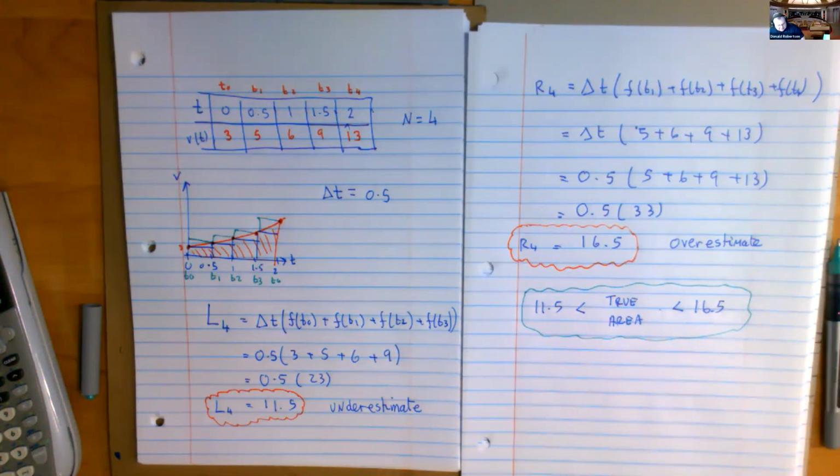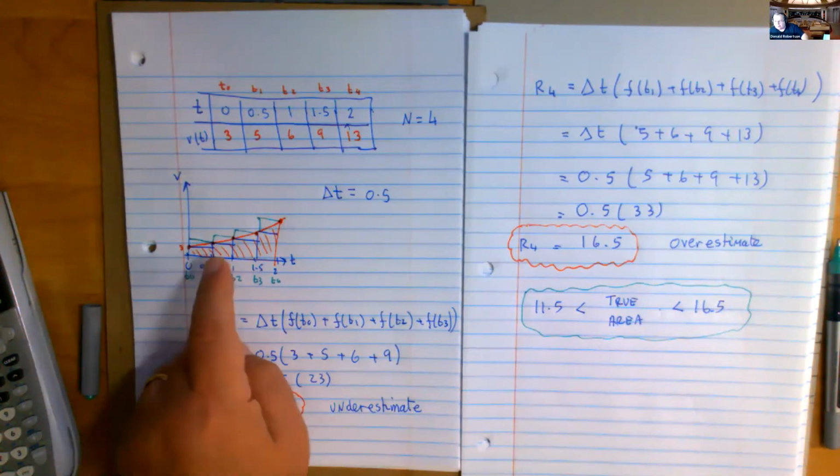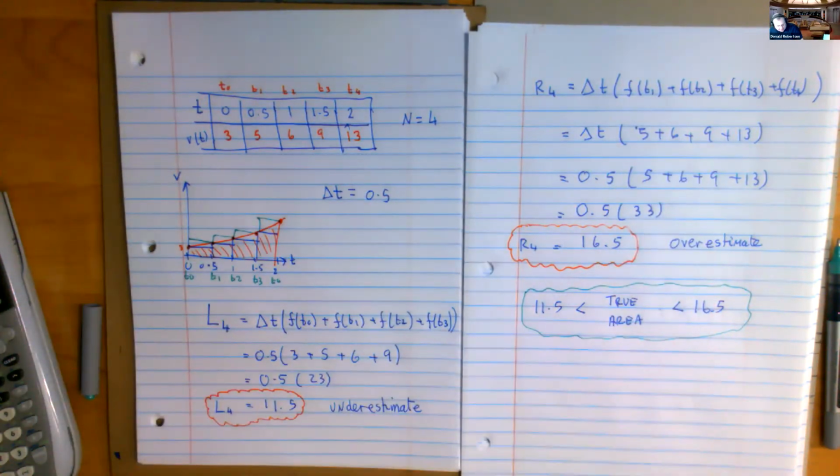Another point, if this data goes up and then down, you cannot pick the biggest and say it's an overestimate and the smallest and say it's an underestimate, because if it goes up and goes down, some of the rectangles will be too much, but others will be too short, and it's not easy to judge which one wins, whether it's a little bit less or a little bit more overall.